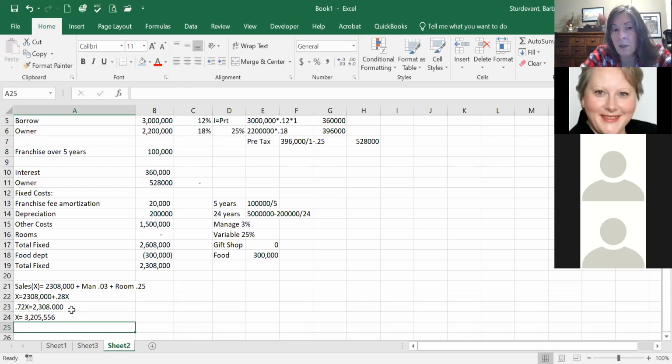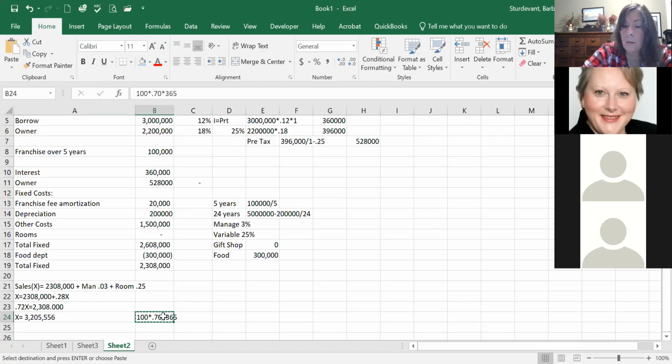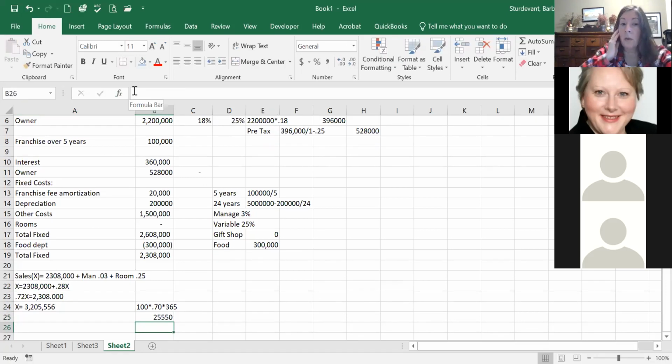Just another thing to check yourself to make sure you're doing your math right. Make sure your sales is always more than this. If your sales comes out less than the fixed cost, you've done something wrong mathematically. All right, we had 100 rooms, right? Times 70% times 365 days. So we expect to sell 25,550 rooms.